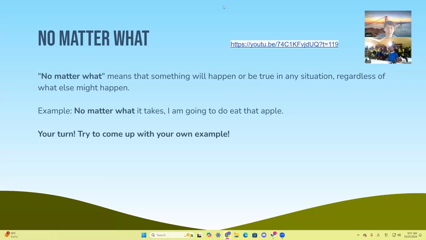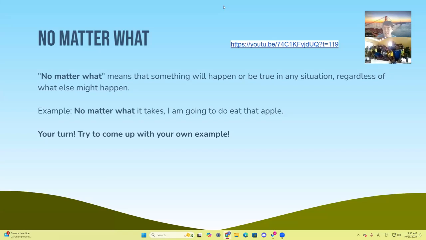I think I heard some reason at first, and then no matter that reason, you can still play football. You can also say something like, no matter the weather, you can still play football. That is a very good example.